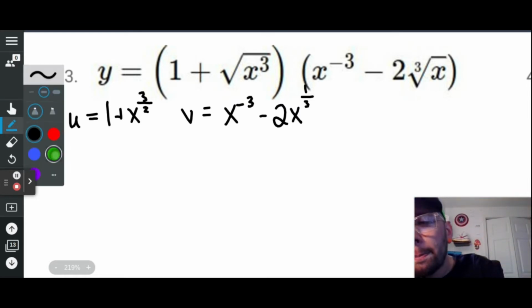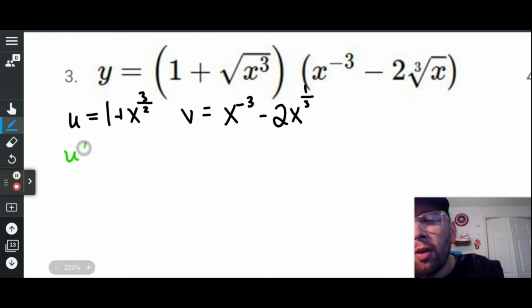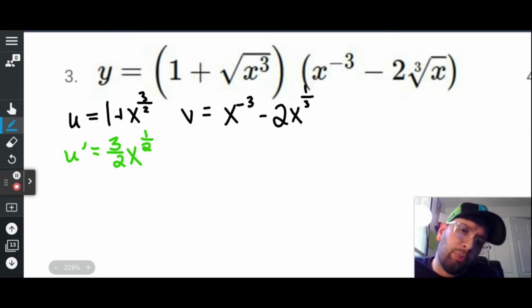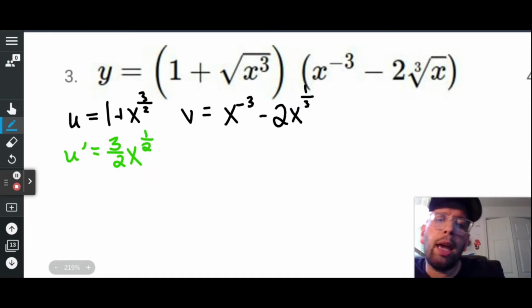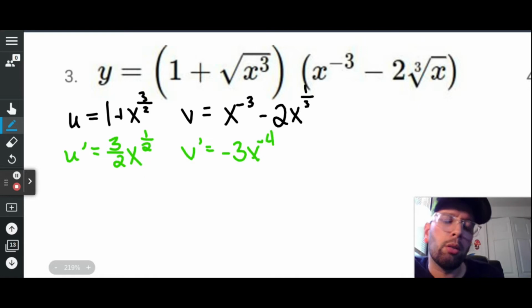u prime is the derivative of 1, which is 0, minus the derivative of x to the 3 halves, which means we bring down the 3 halves. We subtract 1, so I get 1 half. And v prime is the derivative of x to the negative 3rd, which means bring down a negative 3, subtract 1 from negative 3, which is negative 4.